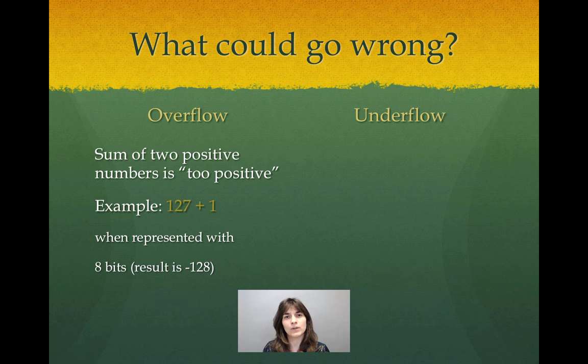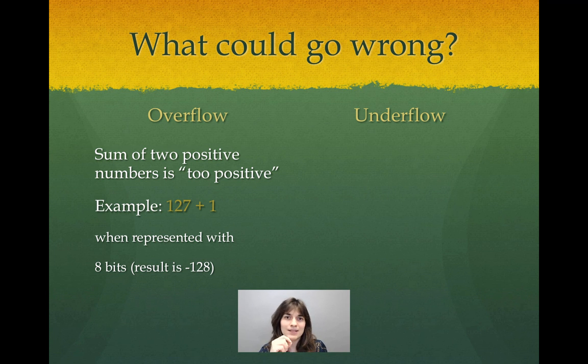The greatest number will be 2 to the power of 7 minus 1, so 127. 127 is the largest positive value we can represent with 8 bits when we're using 2's complement, so when half of the range goes to represent negative numbers.